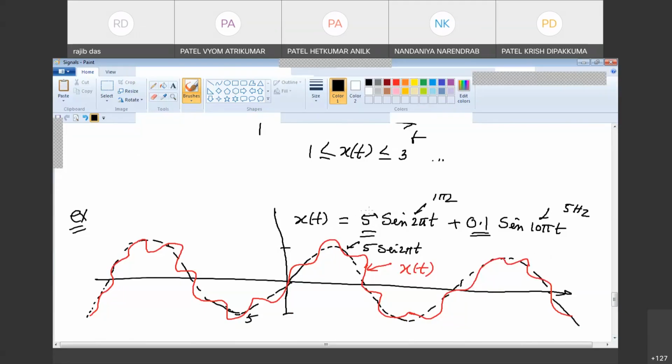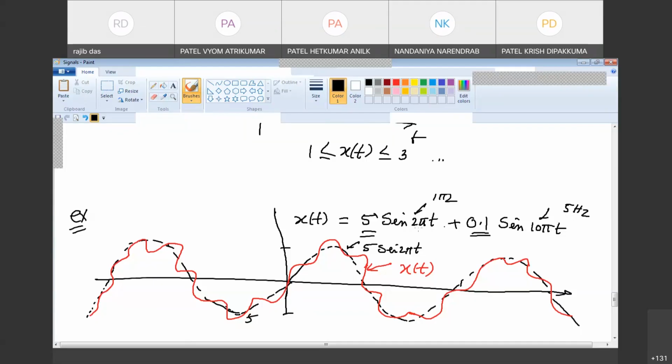Here in this case, 5 is the amplitude for the first part. So this signal is the dominating signal, 5 sine 2 pi t. Its frequency is 1 hertz, whereas the second component's strength is only 0.1, but its frequency is 5 hertz.